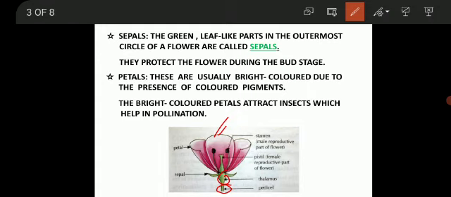Now, you can see the green leaf-like parts in the outermost circle of the flower, which are the sepals, and the petals are the bright colored part which help in pollination by attracting the insects.